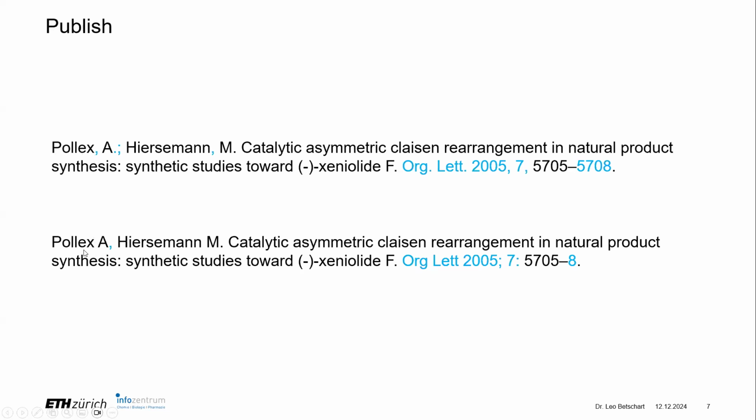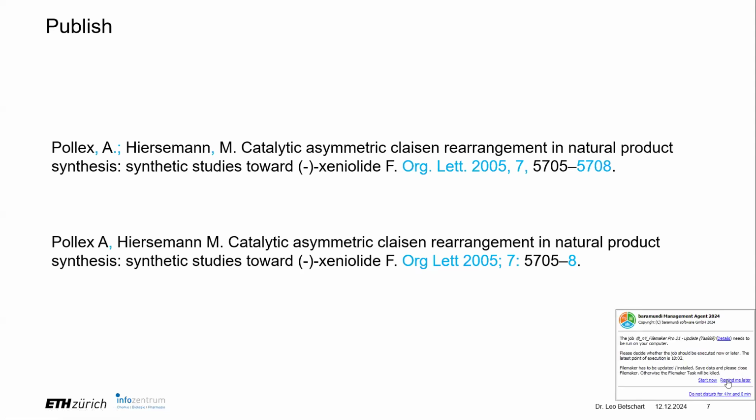In the second style, we don't have a comma. Then here the first name is abbreviated, followed by a full stop. And here we have a comma, so it's different. Also, the abbreviation of the journal name is different. For one, we have full stops, for the other, we don't. And also how page numbers are written.